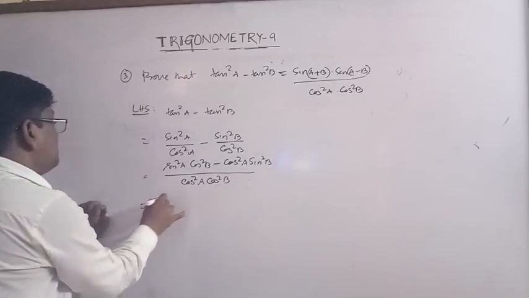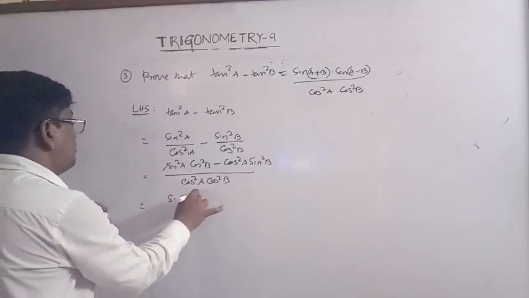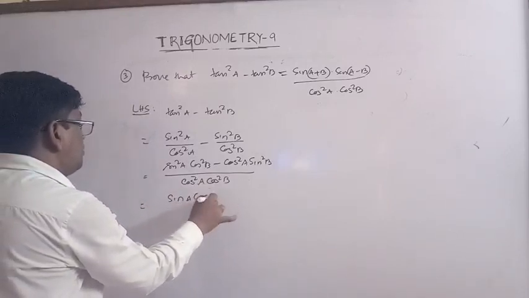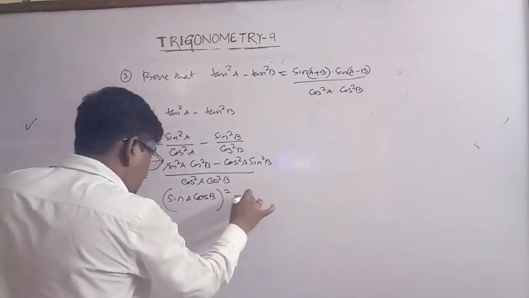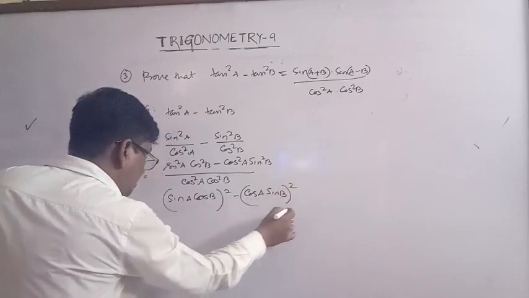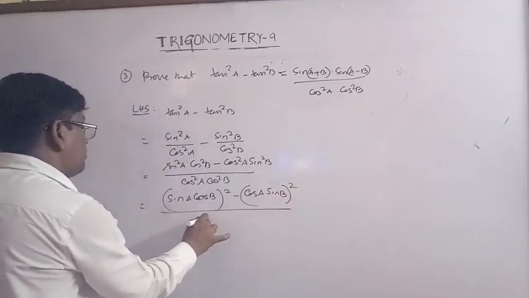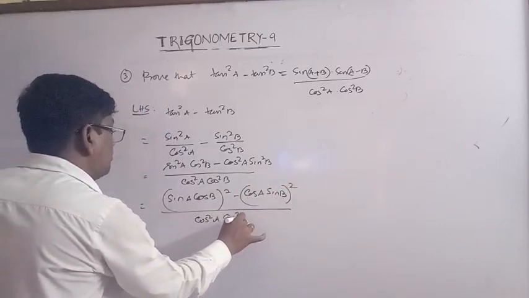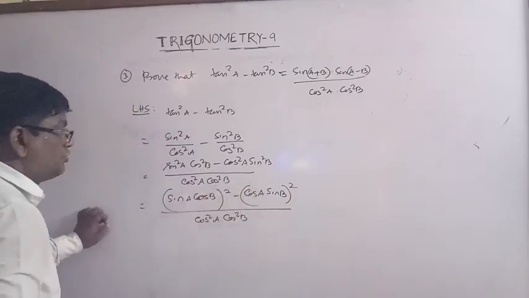And this can be written as (sin A into cos B) whole square minus (cos A into sin B) whole square, divided by cos square A into cos square B. This is the a square minus b square formula.